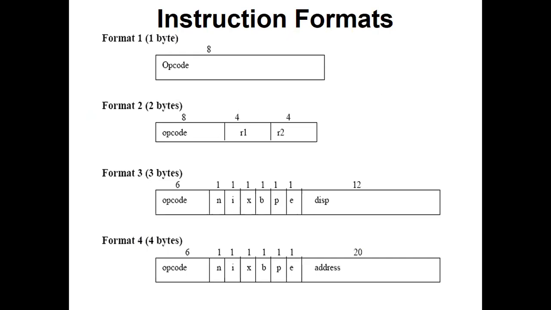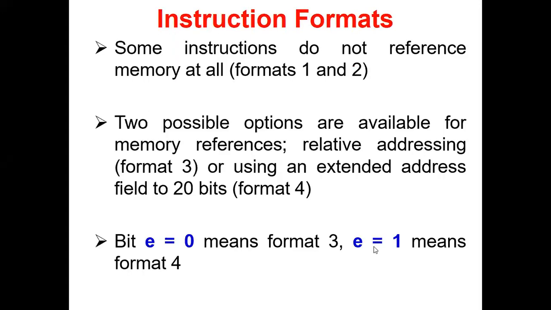So there is no calculation. You don't need to calculate anything because the target address, that means the address where you are getting the operand from, is already given. Okay, so there is no calculation. Therefore, that's why they are saying that for format 4, B and P are 0, because you are not going to do any calculating.